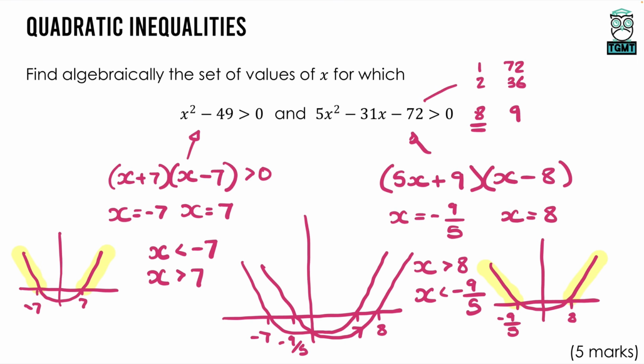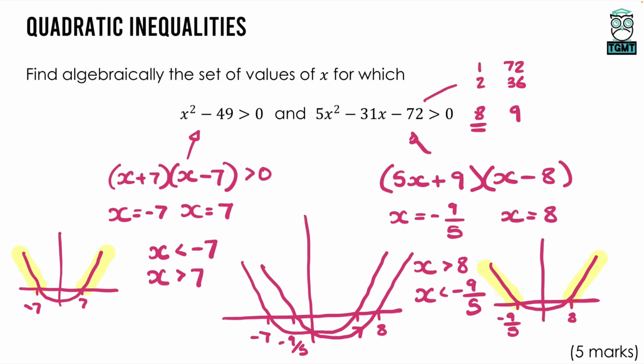So when we are looking at the solutions now, if we focus on this left part, we have two quadratics going through the x-axis. One's at negative 9 over 5 and one's at negative 7. Now, if it has to work for both, one of those quadratics says x has to be less than negative 9 over 5, but the other says, okay, but x has to be less than negative 7.